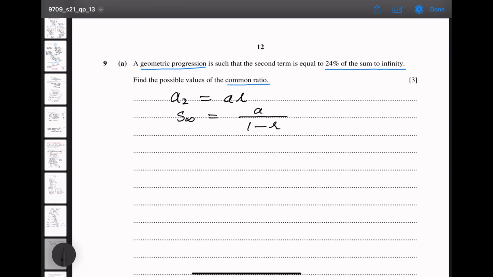We will make our equation according to the given statement. Second term will be equal to 24% multiplied by the sum to infinity.